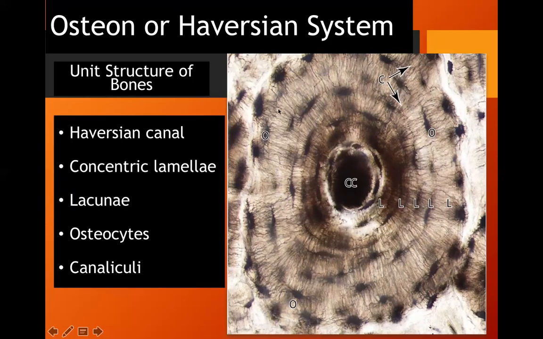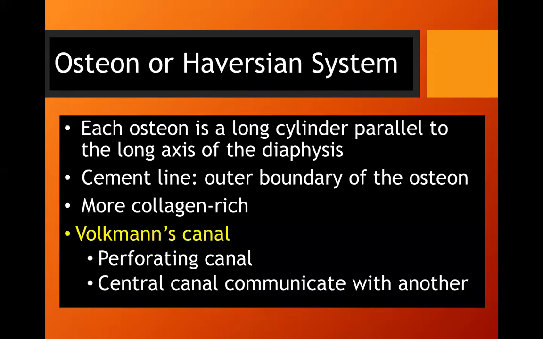Did you understand? We call it concentric lamellae if it is surrounding the central canal. If the lamellae are surrounding the central canal, they are specifically called your concentric lamellae. And there are three other types of lamellae which will be discussed in a while.